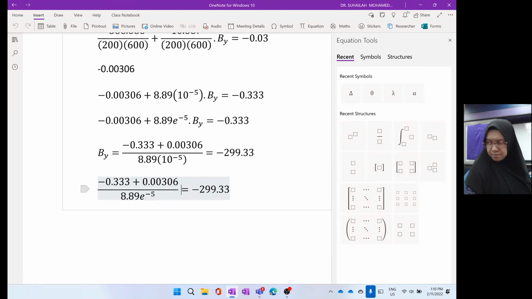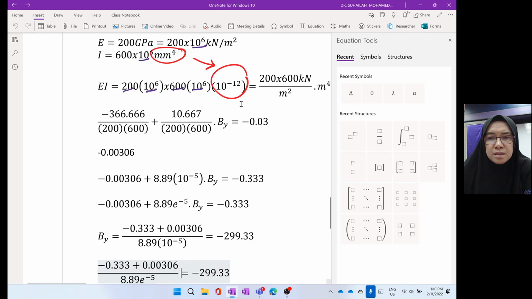Macam kalkulator? Kalkulator dapat apa? 303. Macam kalkulator? Yang tadi 8.8 yang atas tadi ni, 366.66, 0.00306 tu dah betul dah.